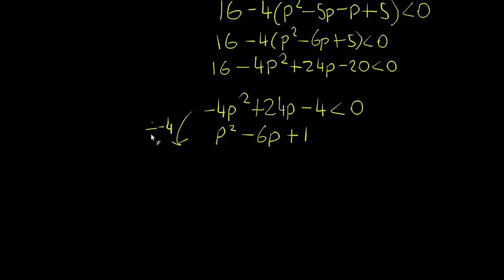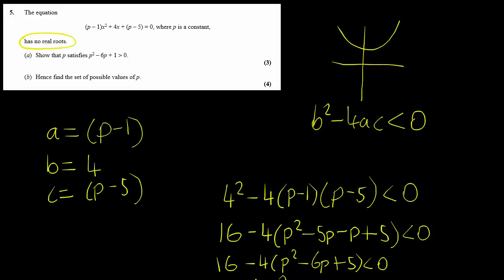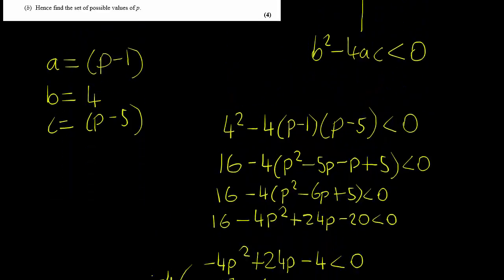But if I divide by a negative number, I need to swap round the inequality sign, which gives us p squared minus 6p plus 1 is greater than 0, and I think that's all we needed for part A.